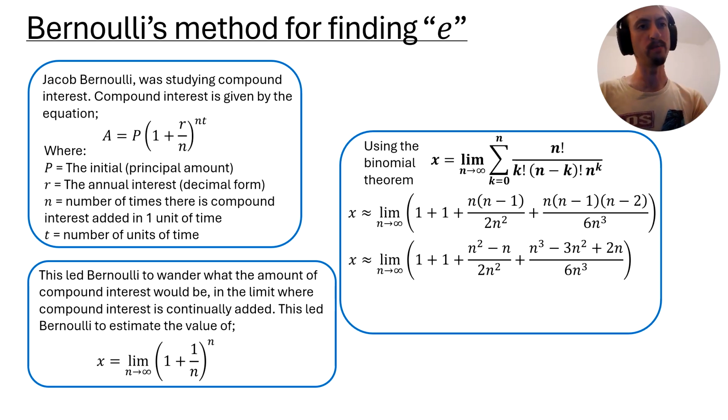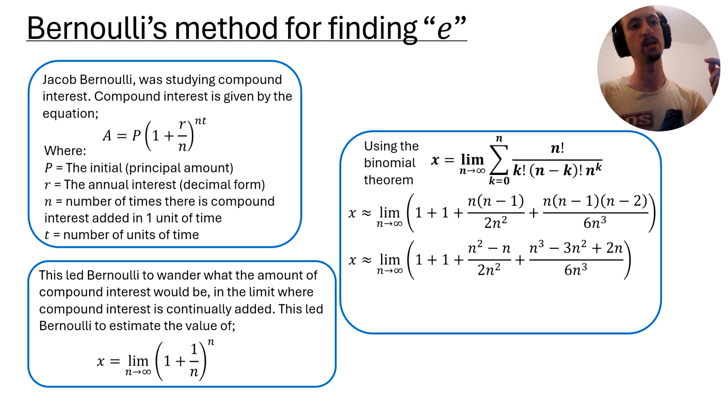And once we've expanded them, we can spot that actually expanding our brackets is giving us something very beneficial. So, for example, if we look at our third term again, when we've expanded our brackets, it's written as n squared minus n over 2n squared.